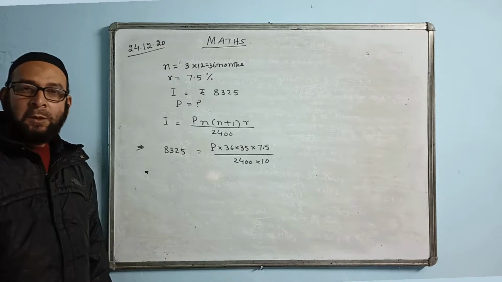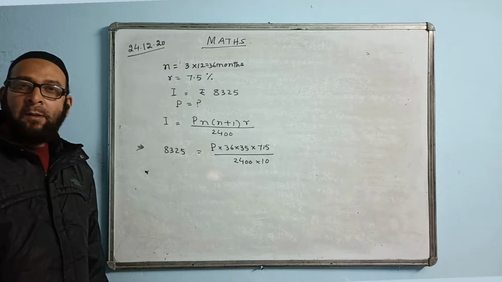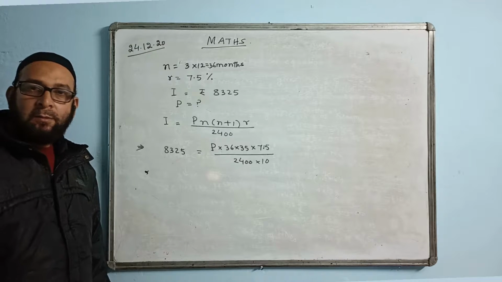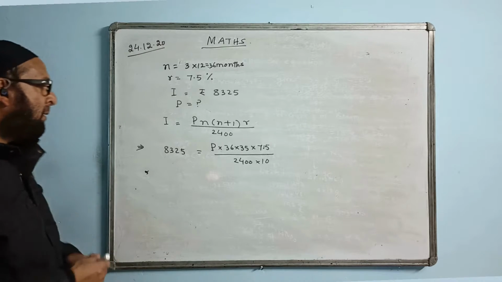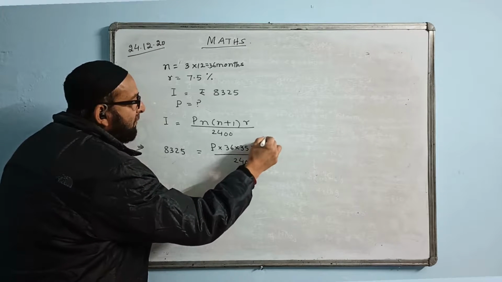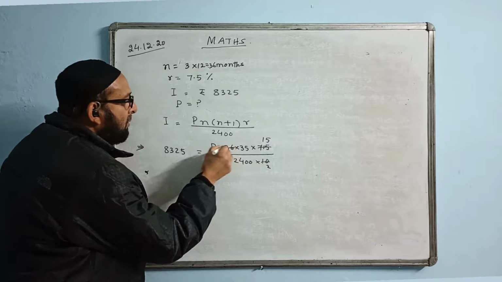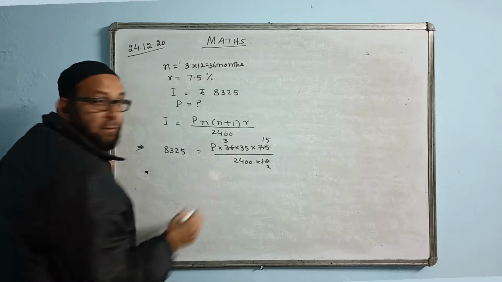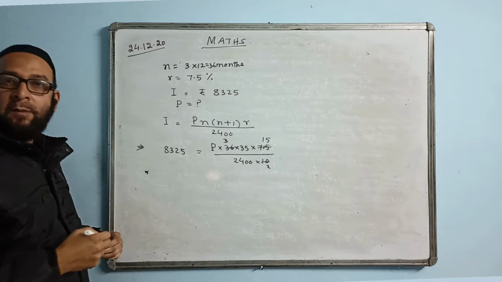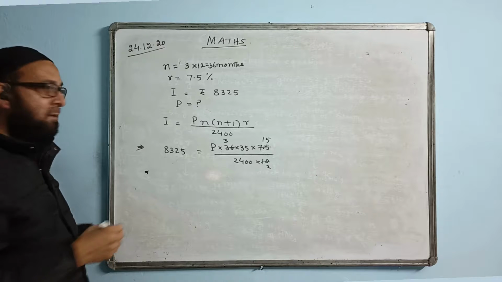Let us calculate now. 5 3 times, 15, 5 2 times. 12 3 times.